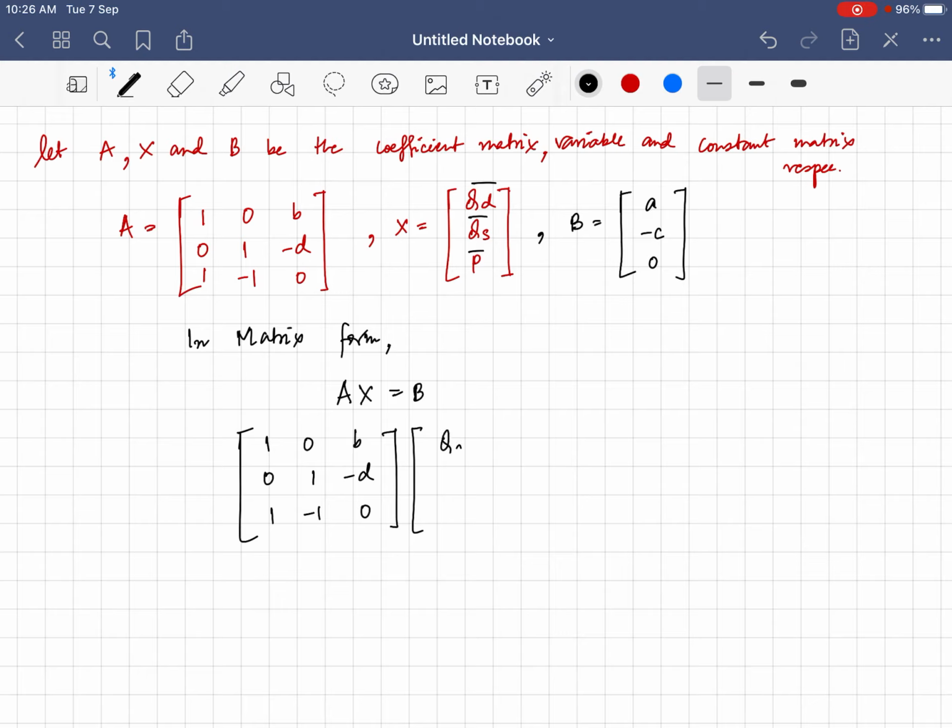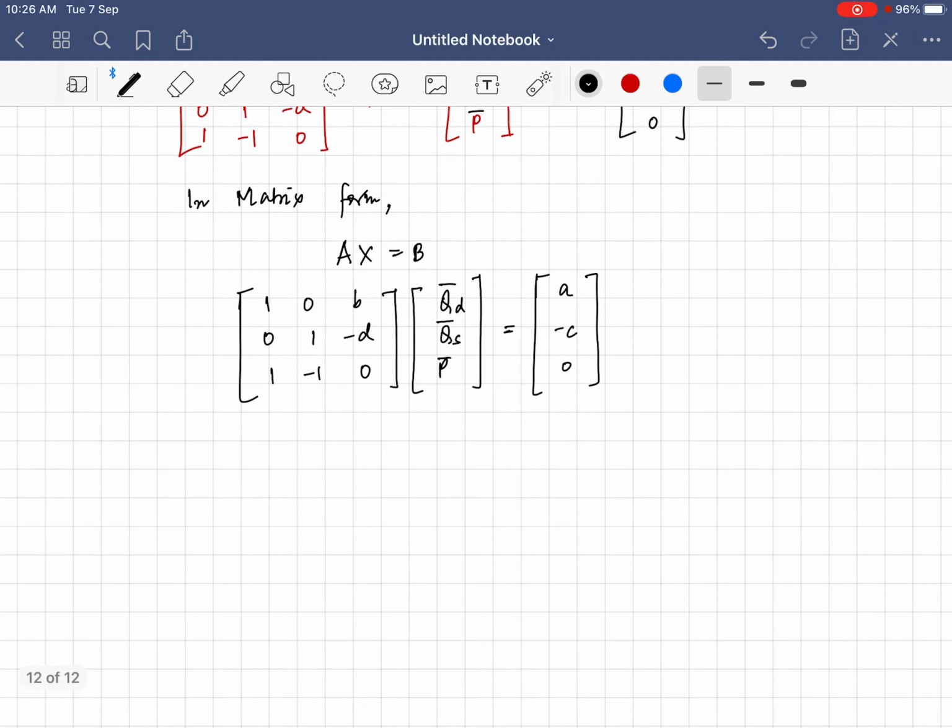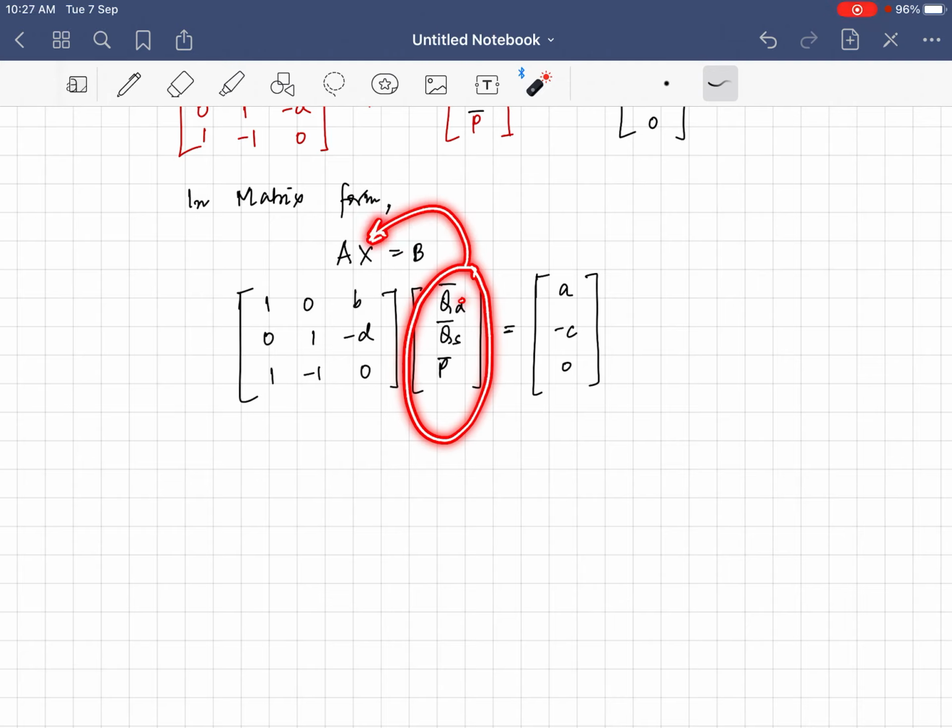So it will be QD bar, QS bar and P bar is equal to A minus C, 0. So in matrix form we got this. So we need to find the value of QD, QS and P. These are nothing but the matrix X, the variable matrix. So all we need to do is find X.